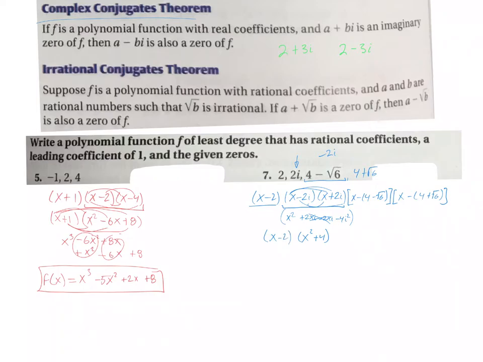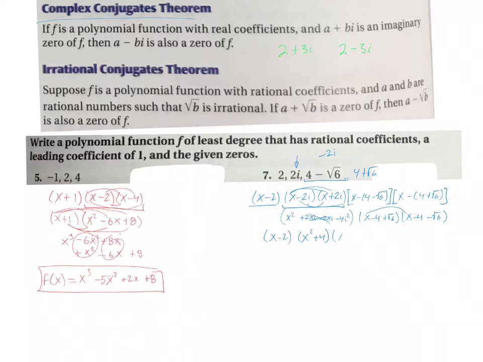Now this is going to be x minus 4 plus root 6. This is going to be x minus 4 minus root 6. So to multiply these two, I'm going to do everything in the first one times everything in the second one.